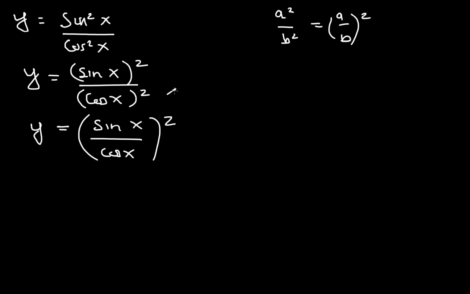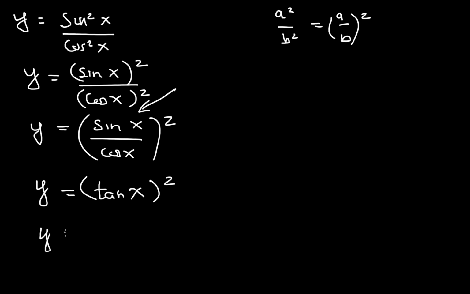But we remember that this one inside here is an identity that gives us what? Tangent, right? So it can be tan x squared. But remember, they've told us don't use the chain rule. So we're not going to use the chain rule, because the chain rule will actually just differentiate that, and then it will differentiate the whole thing, meaning that we are still prevented from using it.